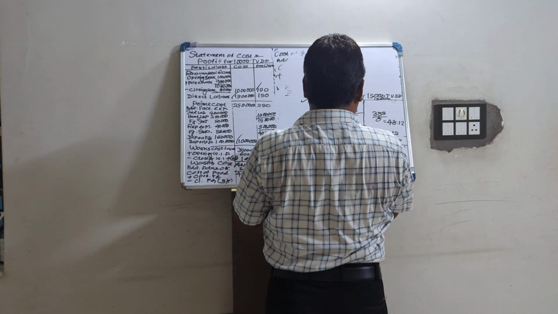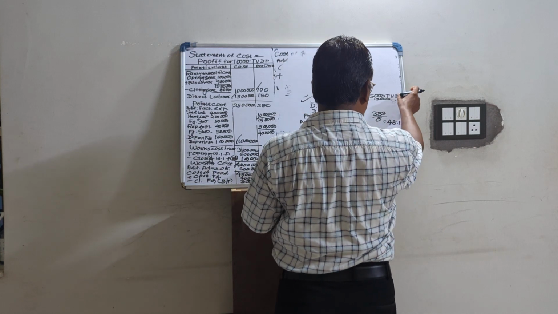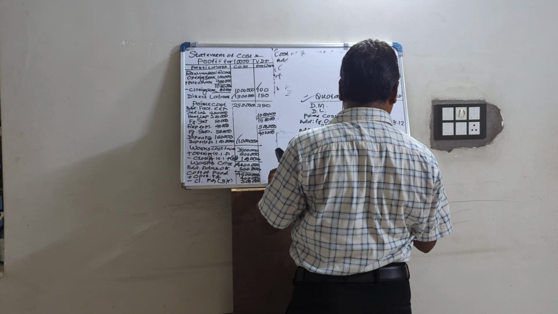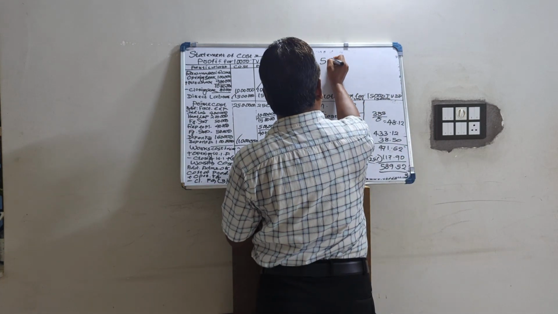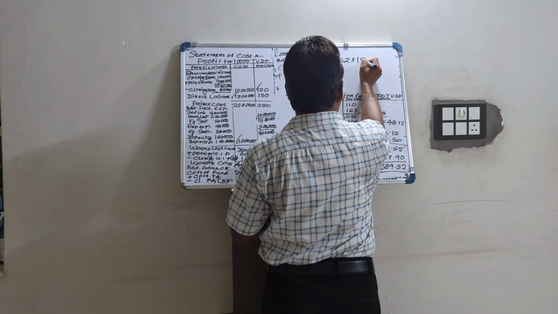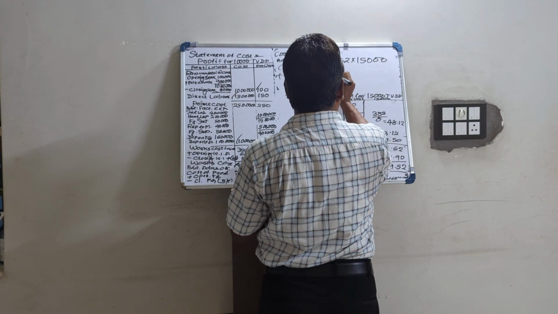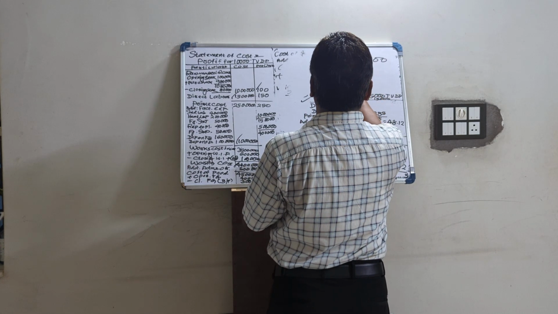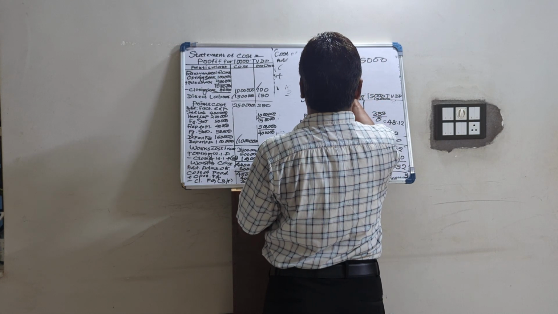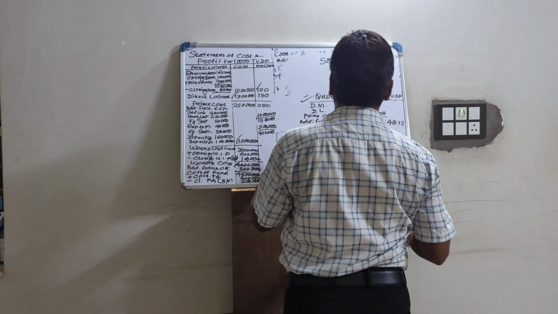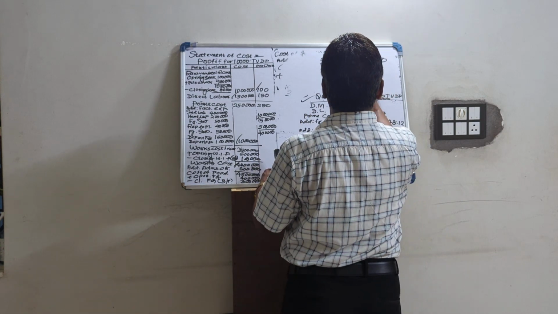Here for 15,000 units we will multiply. For 1 unit it is 589.52, into 15,000 we will get the total. So 589,520 into 15.